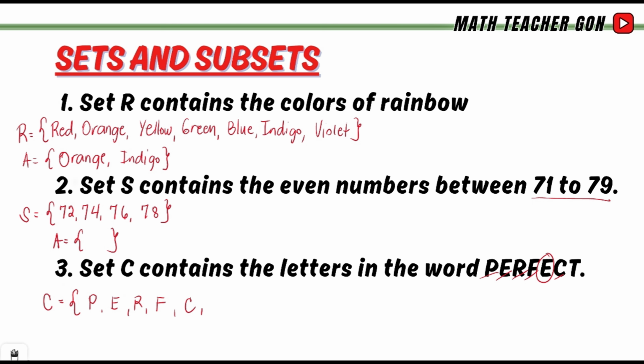Proceed with C and then T. These are all the letters in the word perfect: P, E, R, F, C, T. Let's have a subset for this. It can be a set with the element E.